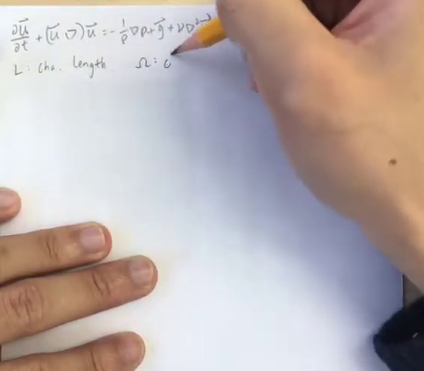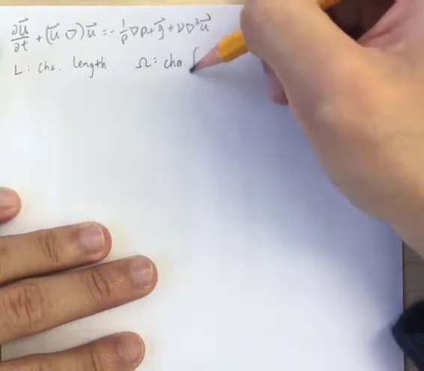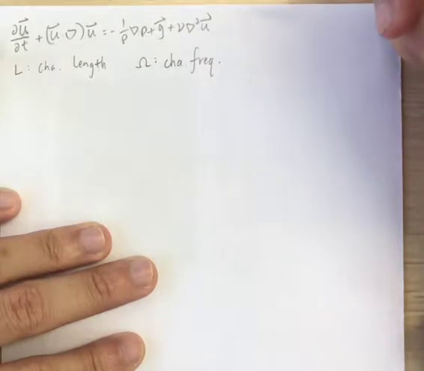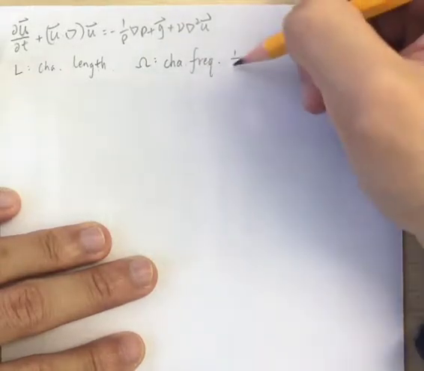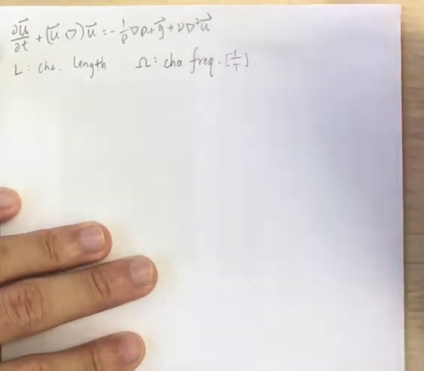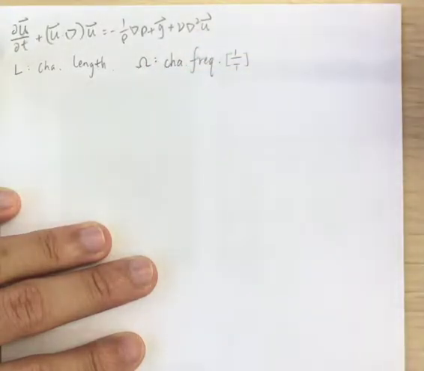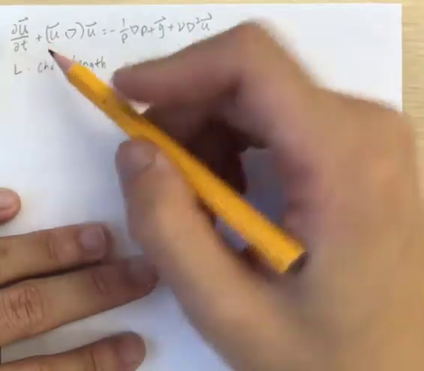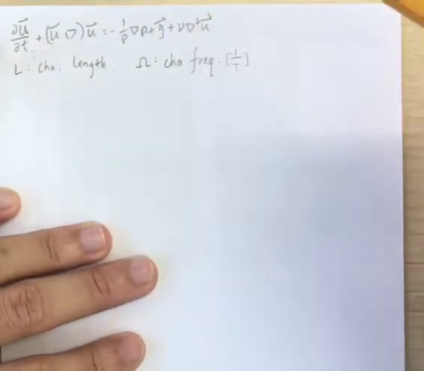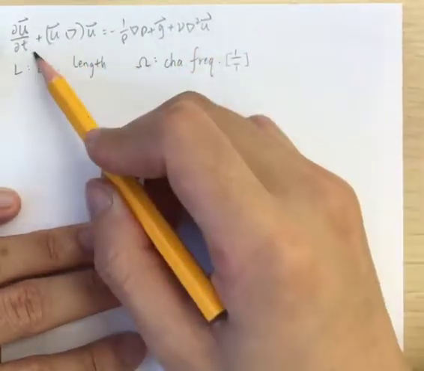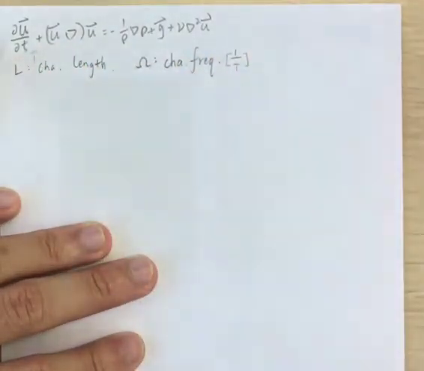And omega is the characteristic frequency of the system. The frequency has a dimension of what? 1 over time, right? So we introduce the omega obviously to neutralize the dimension of which variable? Of t. The t here has a dimension of time, right? So t times omega, t times 1 over t can give us a non-dimensional variable.